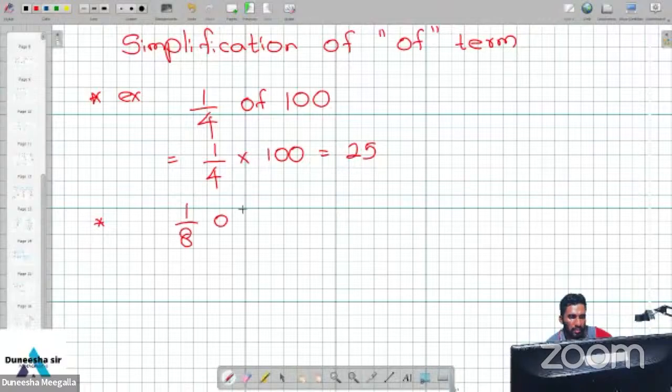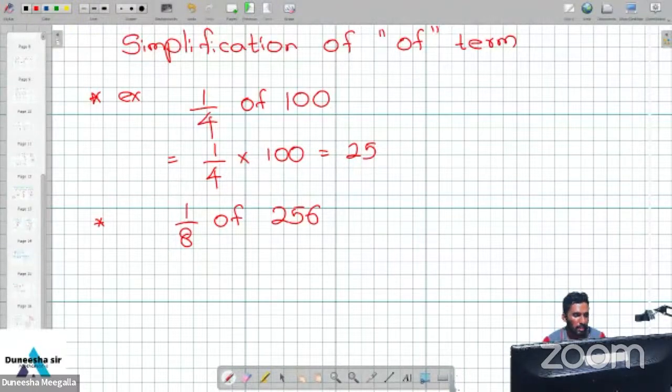Then 1/8 of 256. Okay. Can you get the answer? How do we say it in English? 1/8 of 256. Can you get the answer? 32. Yes.